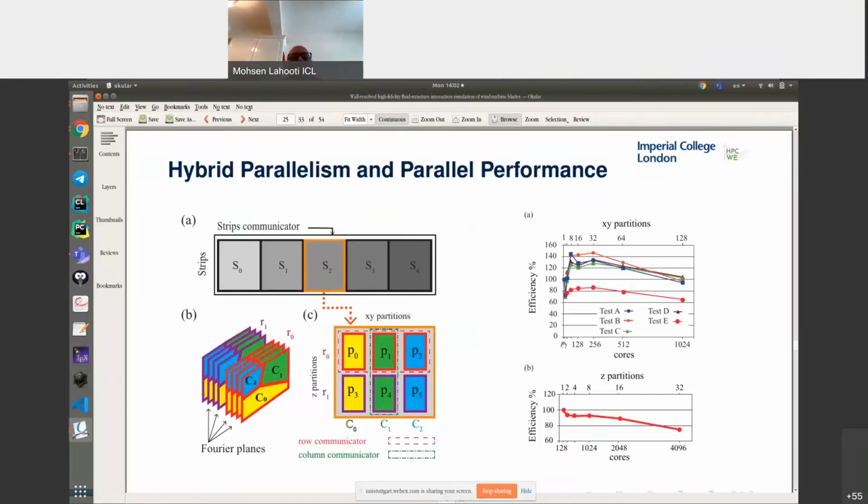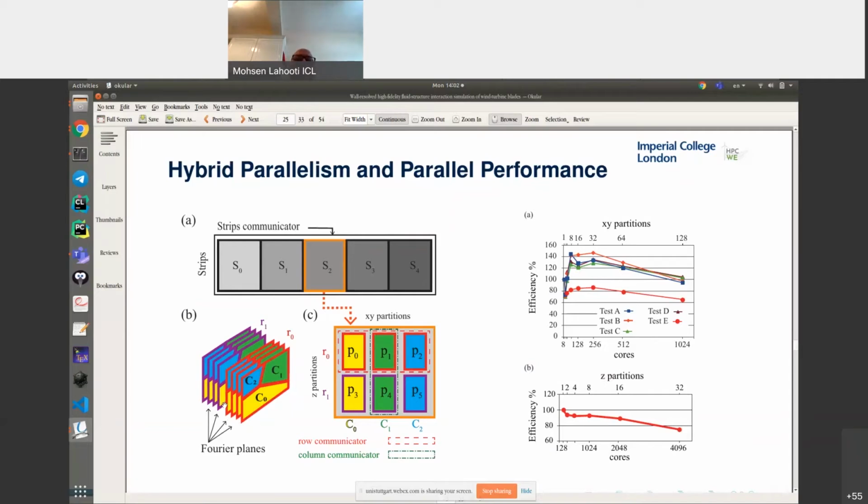For our solver, we use hybrid parallelization, where we use virtual division of the MPI communicator. First, the MPI communicator is divided based on the number of strips. Then each of these subcommunicators is divided based on the number of domain decompositions that we want for each Fourier plane, and the number of partitions that we want over the Fourier plane.